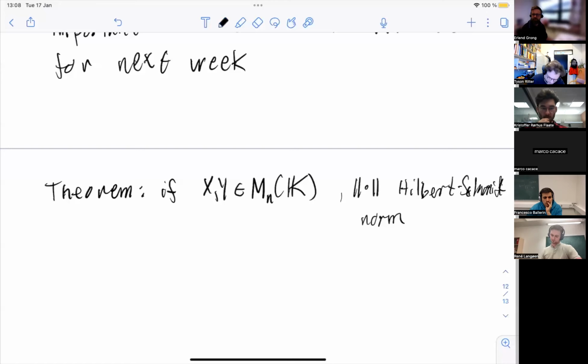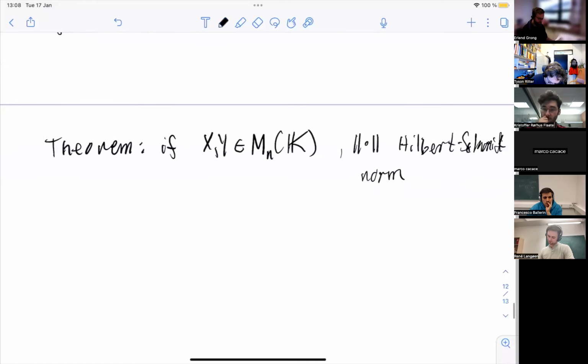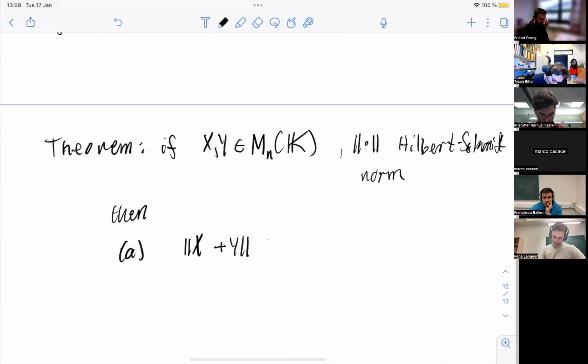Okay, it's called the Hilbert-Schmidt norm, the norm of matrices that we introduced. Then we need the following. So we have the usual triangle inequality, like it is an actual norm.